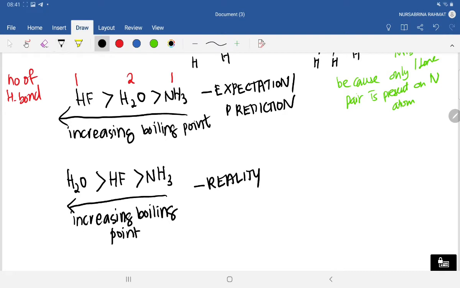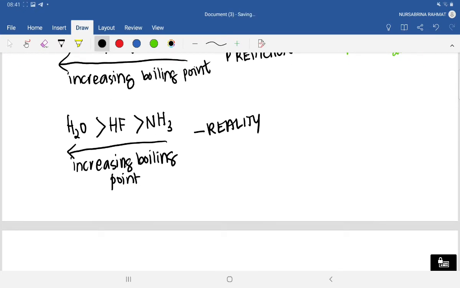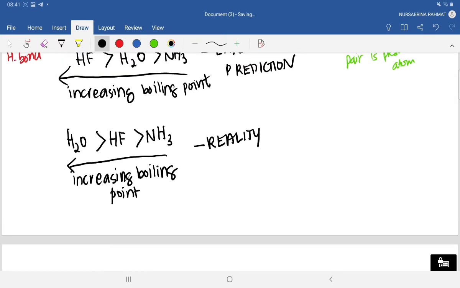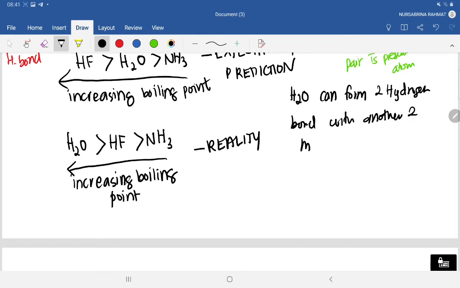So if you need to give a reason why water has the highest boiling point compared to hydrogen fluoride and ammonia, you need to mention that water can form two hydrogen bonds with two other water molecules.